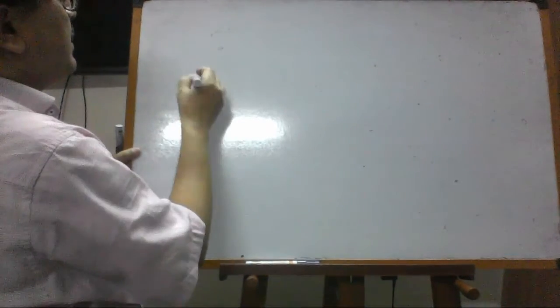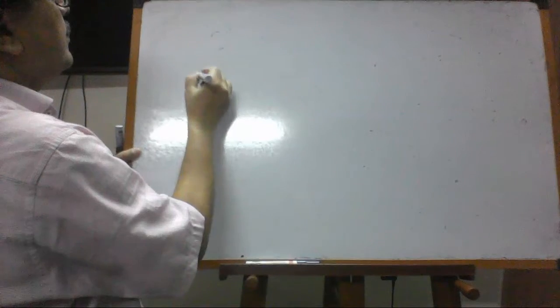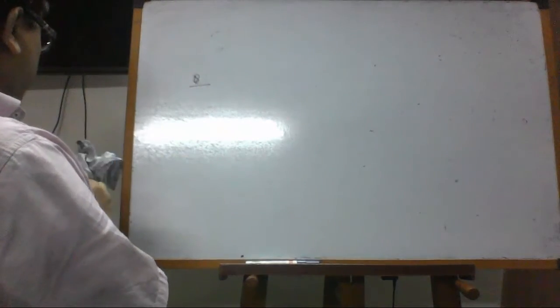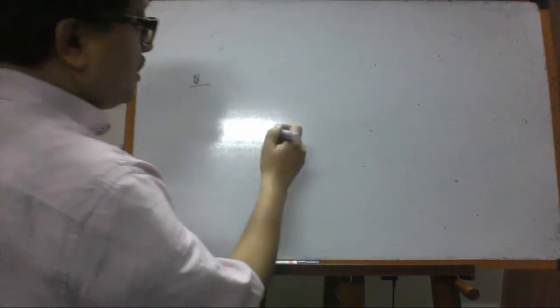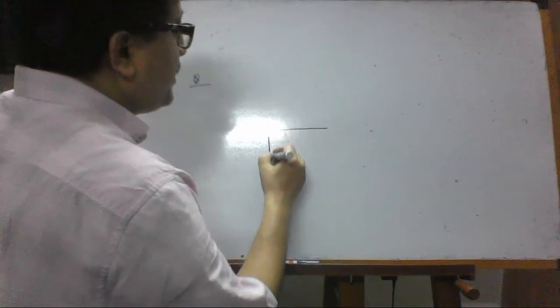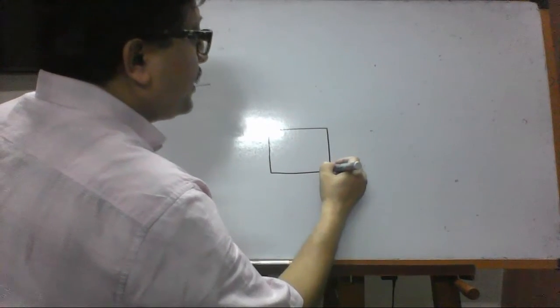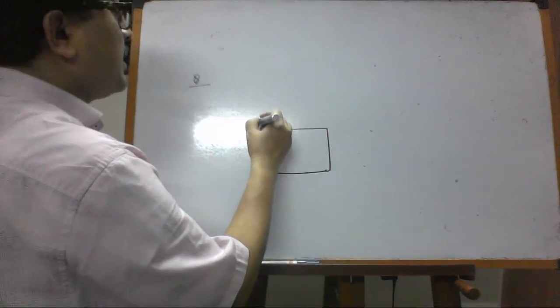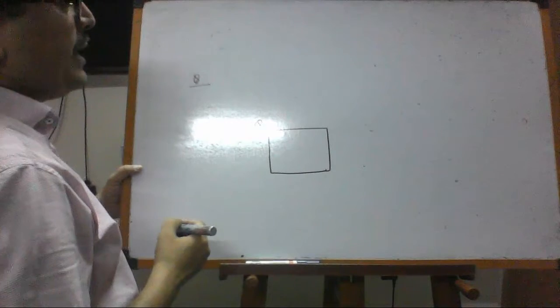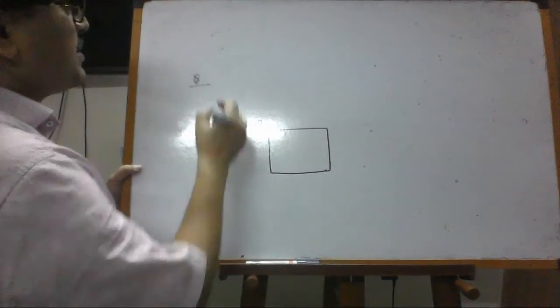Now a question arises, a numerical problem. If I ask you, a square of side length A is kept this manner and the charge Q is kept here. What is the flux through the surface?